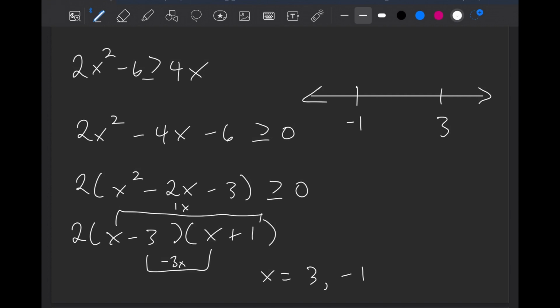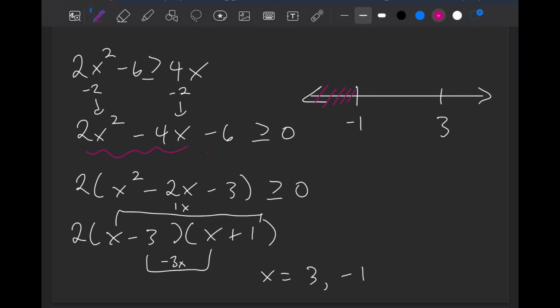When I put in something like minus 2 for x, then I will get 2 is greater than or equal to minus 8, which is true. So that is part of the solution. If I plug in something in between, like 0, then I'll have minus 6, is greater than or equal to 0, which is not true, so that's not part of the solution.